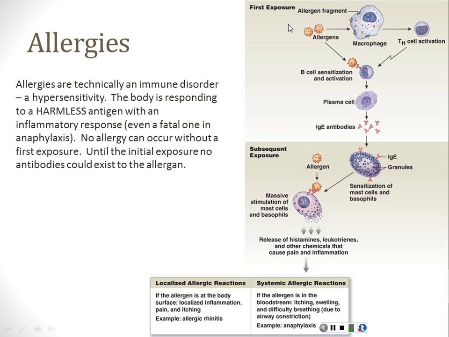Let's say you recently moved from Phoenix, Arizona to St. Louis, Missouri, and you are exposed to many new pollens in the air because the plant life is very different in those two regions.